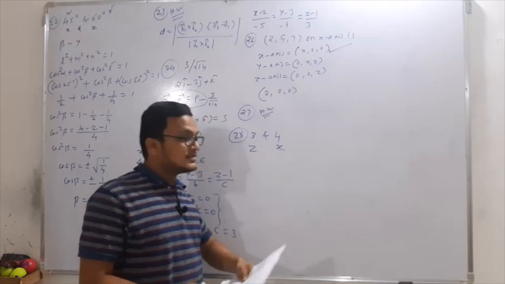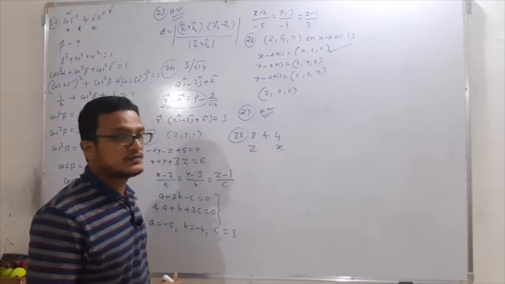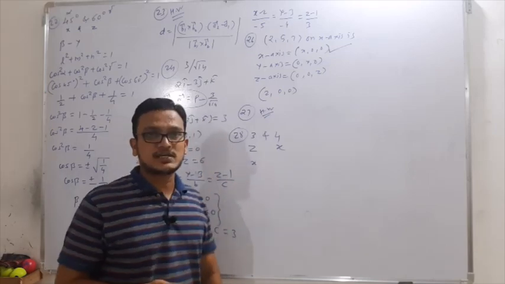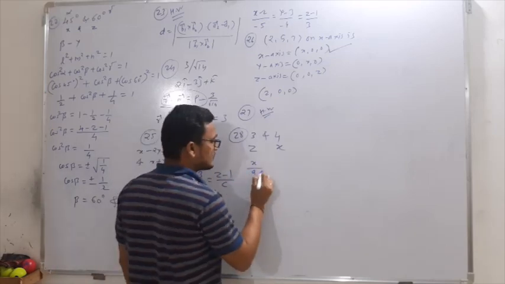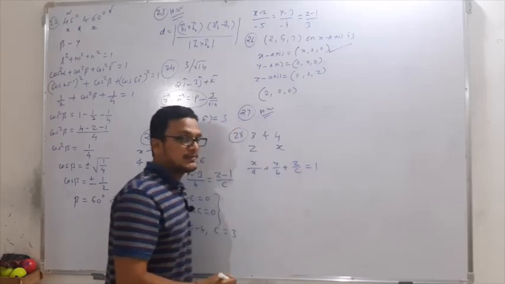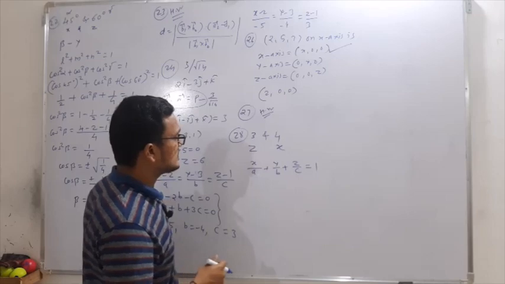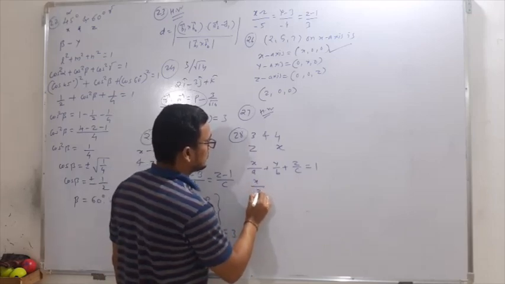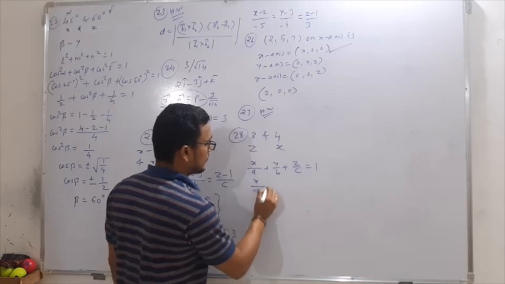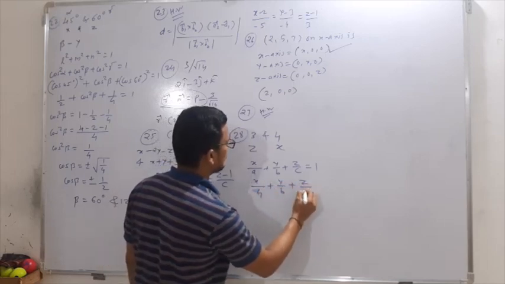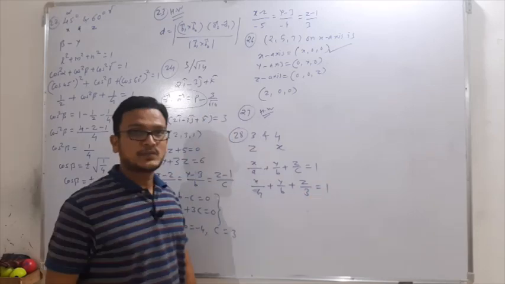See, what is the equation of a plane in intercept form? Suppose the intercepts are given, then the equation is x by a plus y by b plus z by c is equal to 1. So they have given the x intercept and z intercept, then it will be x upon 4 plus y by b plus z by 3, which is equal to 1.